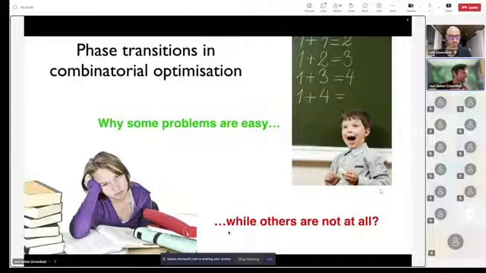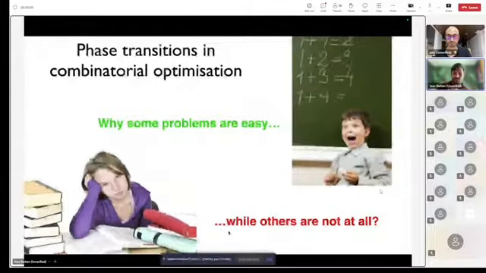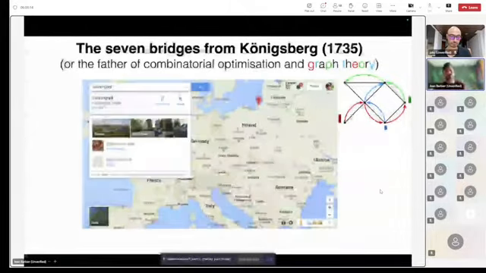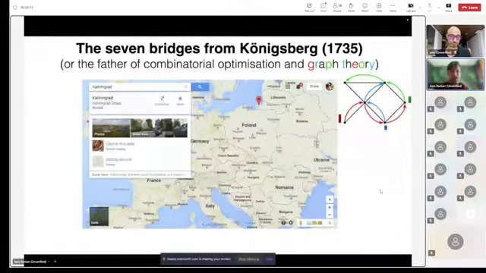And are there some generic features about a problem that can let us know in advance whether it is hard to solve? And by hard, I mean with an algorithm or not. In general, the answer is no. It's not clear in advance whether a problem is hard, but you can approach these questions through statistical mechanics methods.